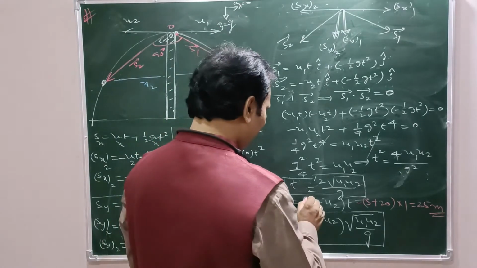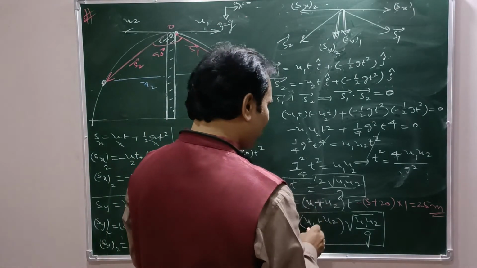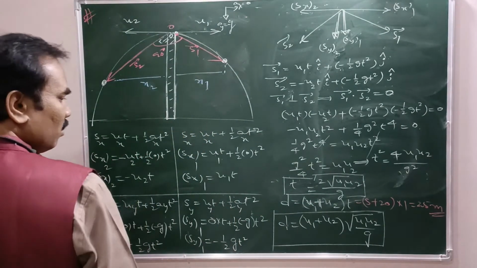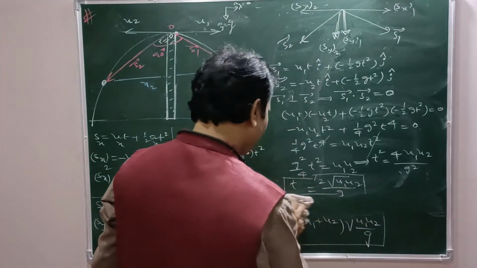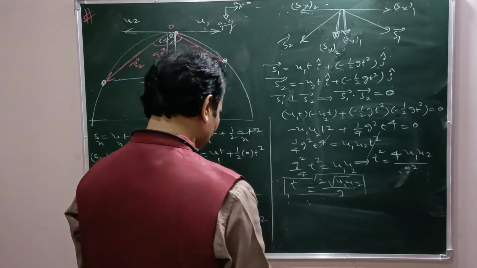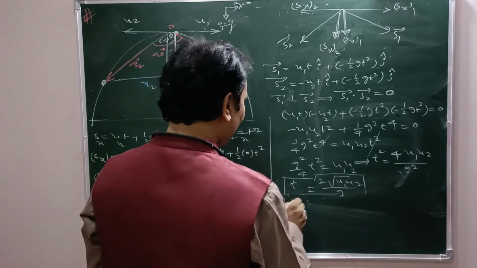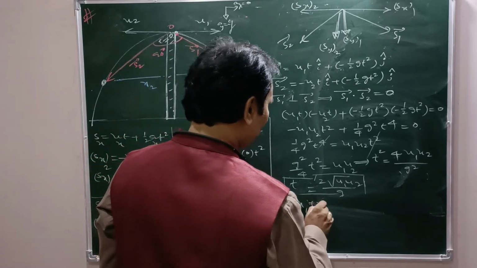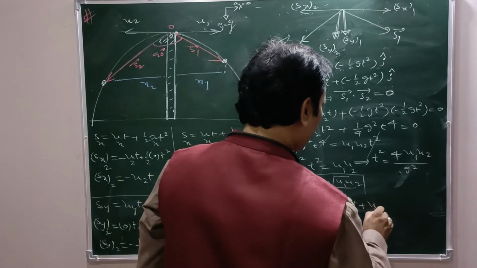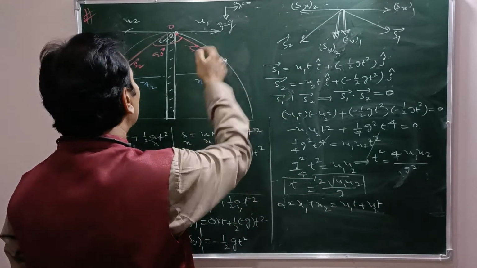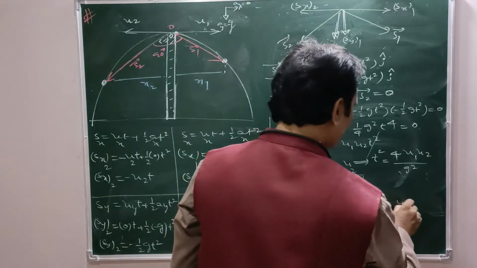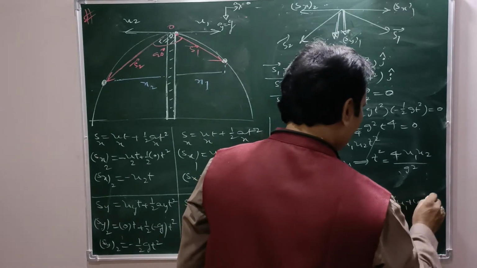Once again, what is the separation? d equals x1 plus x2. x1 means u1 into t, and x2 means u2 into t. That is (u1 plus u2) into t.